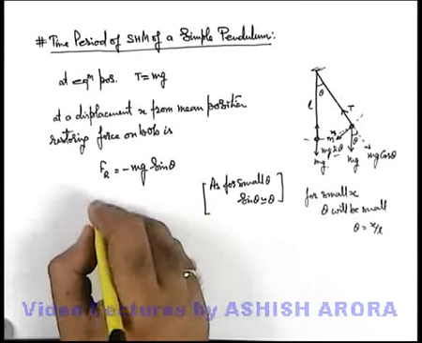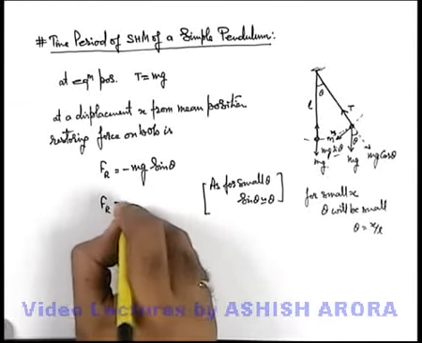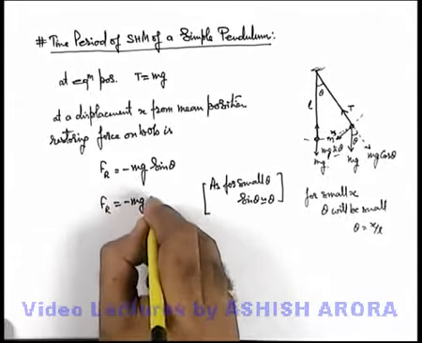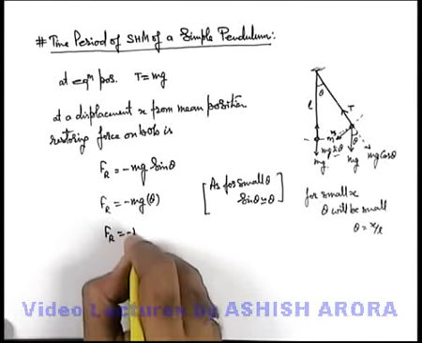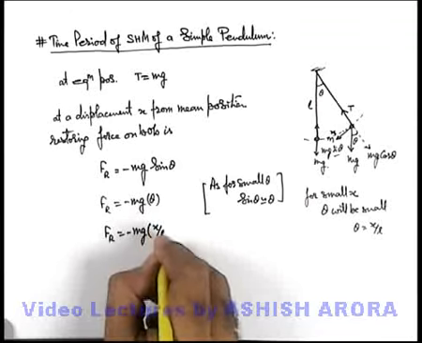So in this situation, we can write this restoring force is minus mg theta, which can be substituted as minus mg x upon L.